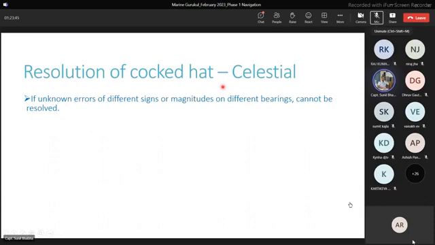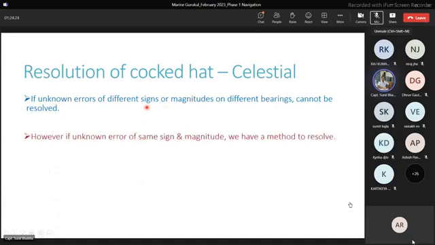Now, when we are resolving a celestial cocked hat, the first important point to be clear in our mind is that in case the error in the 3 position lines is different, then it cannot be resolved. The foremost condition for resolution of a cocked hat is that the error in the 3 position lines should be similar, of same sign and same magnitude. If the error in all the 3 PLs is similar, then the cocked hat can be resolved.